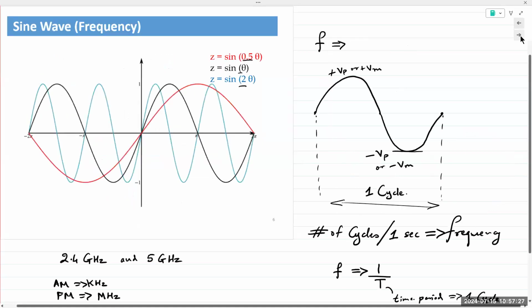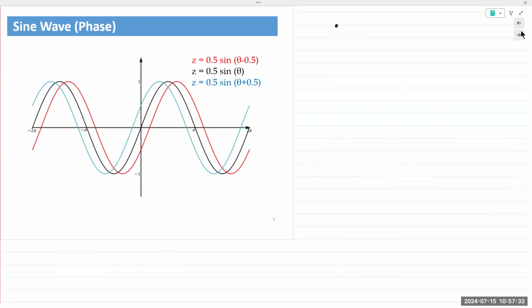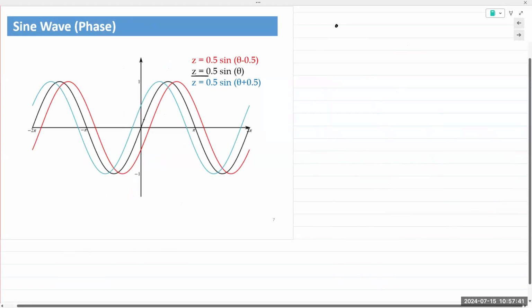And what that phase describes is basically the point in time where the waveform crosses the x-axis. Basically, where is the zero value of the waveform? So if you look at the waveform in black here, there is no phase. Basically, it is 0 degrees, plus minus 0.